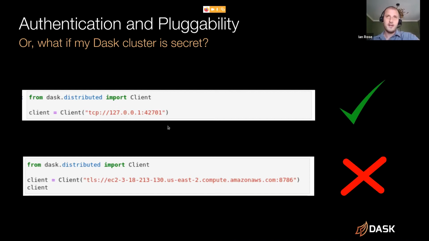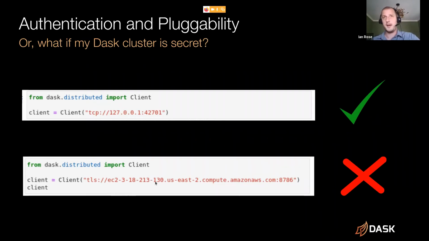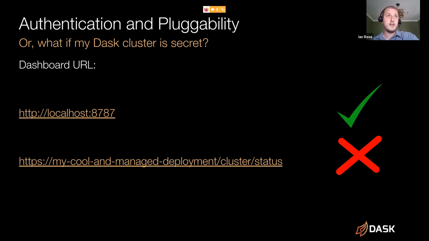When I clicked and dragged the cluster connection information, I got something like this, which is a connection to localhost. In that case, it worked fine. But if I had a connection to a Dask cluster that was protected by SSL, that would have failed. When I'm trying to connect to a Dask URL or to the dashboard URL, if that dashboard is available on localhost or is proxied in some way, that will work.